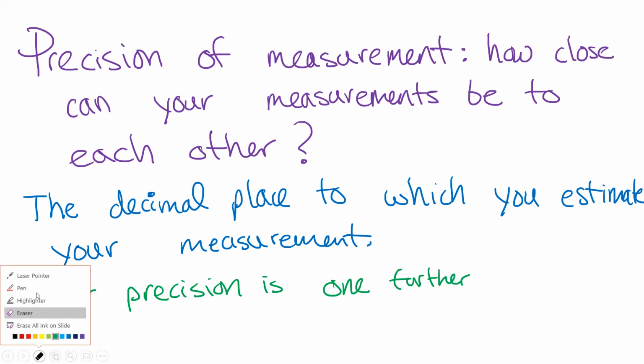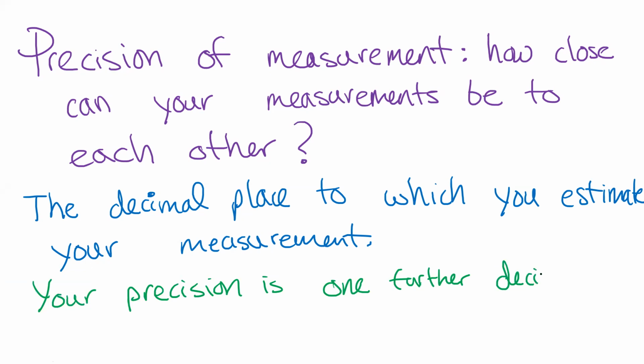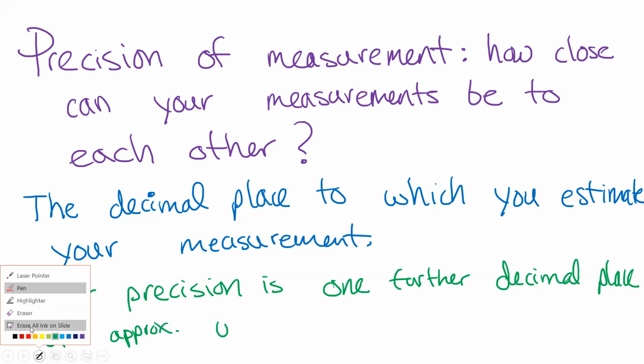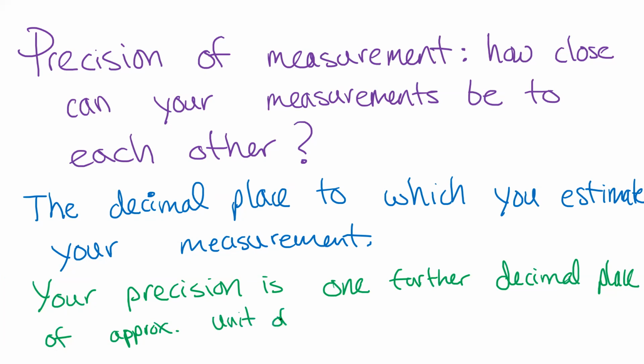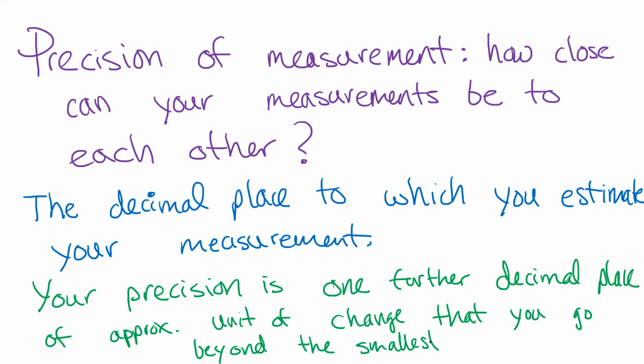One further, the best way of saying it is something along the lines of decimal place or approximate change, unit of change, that you go beyond the smallest increment. Now, does that make any sense at all?